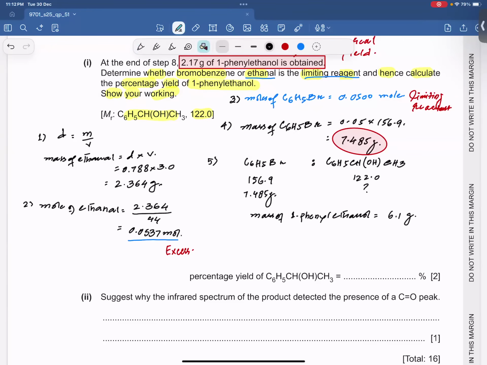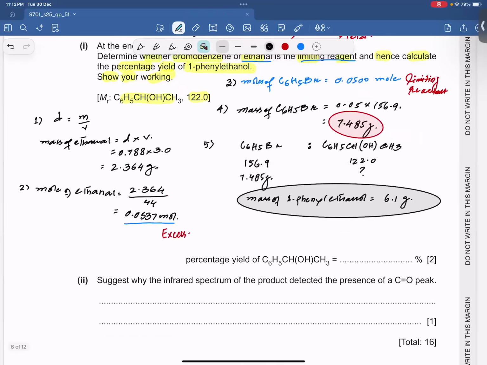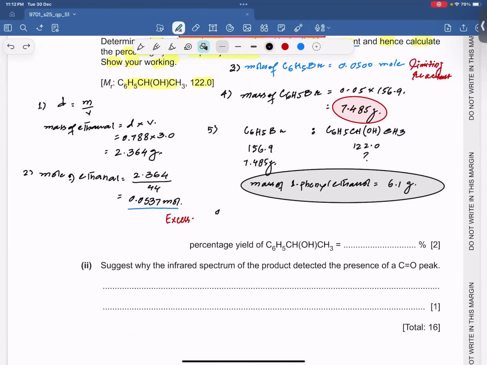And guys, that's your theoretical yield of 1-phenylethanol. Practical yield is already given. So using these two values, I can find the percentage yield, and that's going to be my next step.